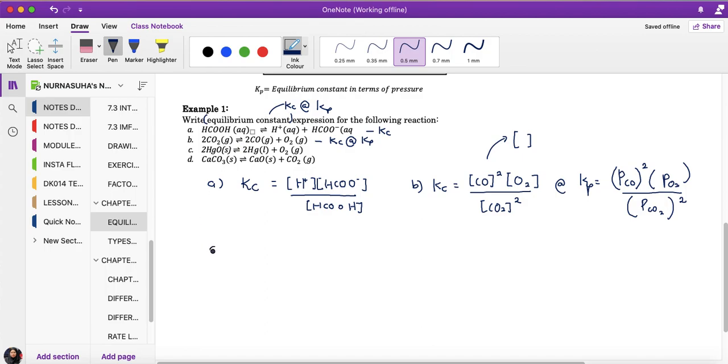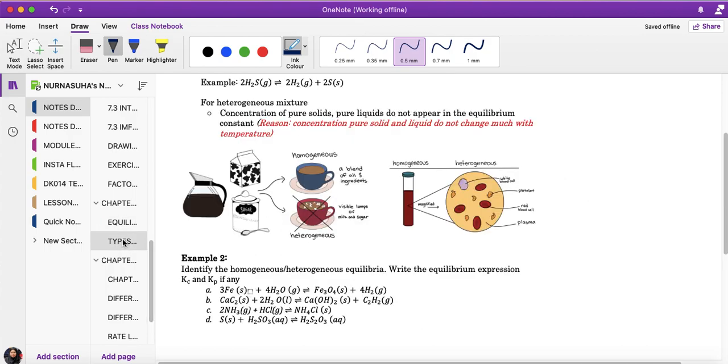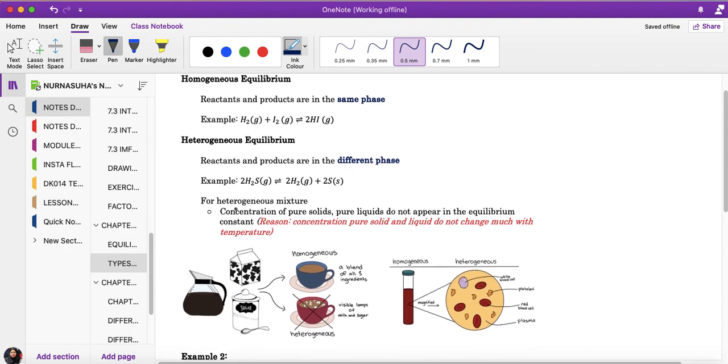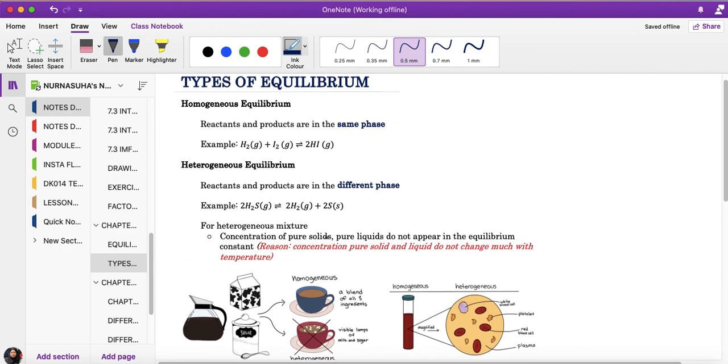Next one, C. We check the species first. There is a solid here. The solid phase will not be included in our equilibrium expression, likewise for liquid. Why? Concentrations of solid and liquid do not appear in the equilibrium constant, because the concentration of a pure solid or liquid does not change much with temperature. For example, you have a stone. It is solid. If you heat the stone, basically it will not change, its volume or anything will not change.